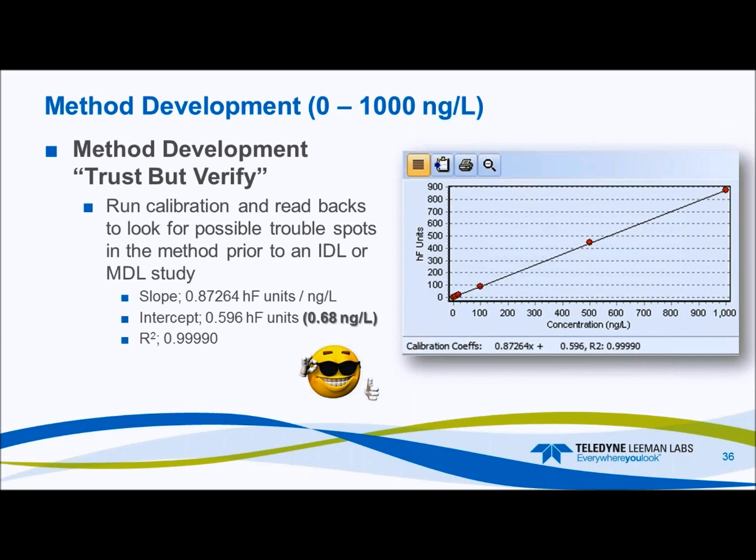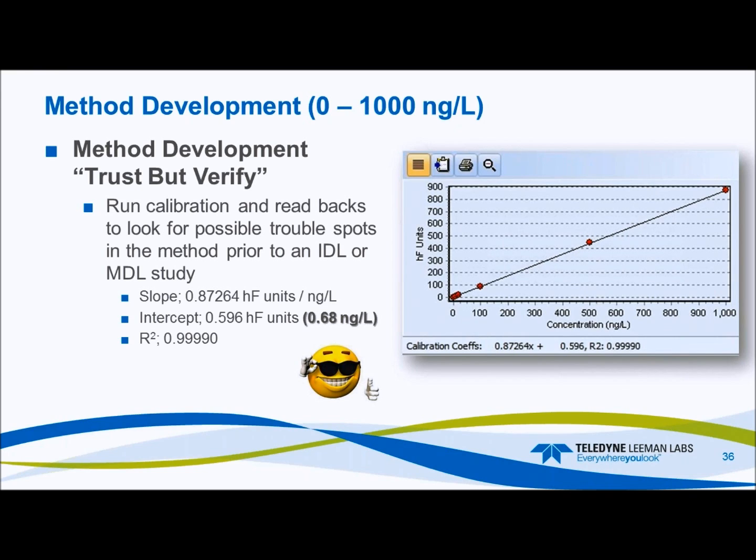So it turned out that I achieved 4 9s and a 0, which is relatively good. The slope is 0.87, 264 HF units per PPT, or nanogram per liter. My intercept, when you can zoom in on these too, so you can also get a closer view of the graphs.